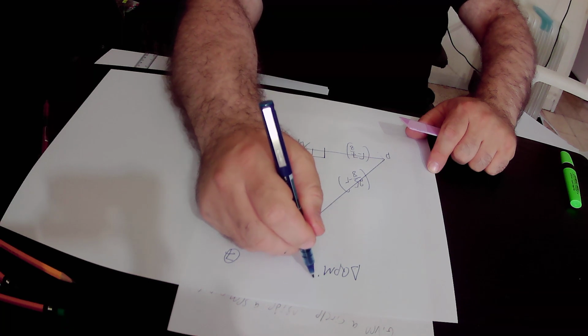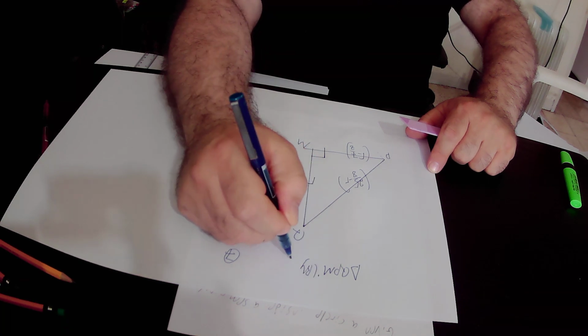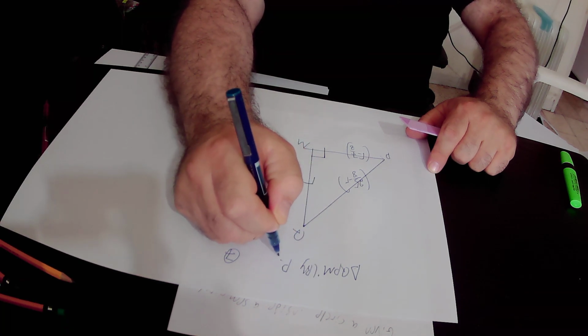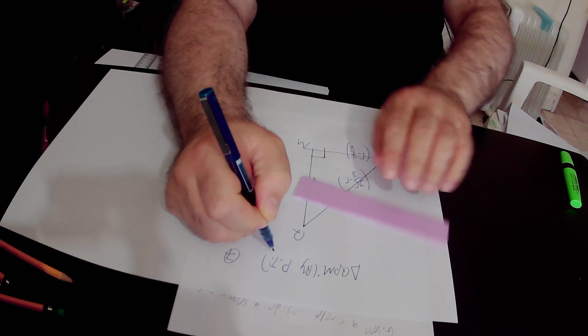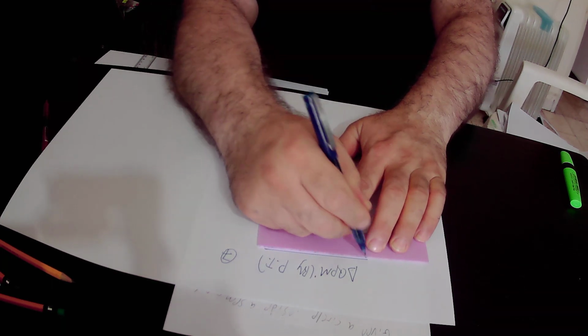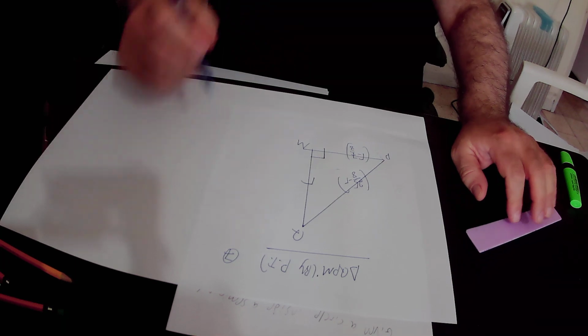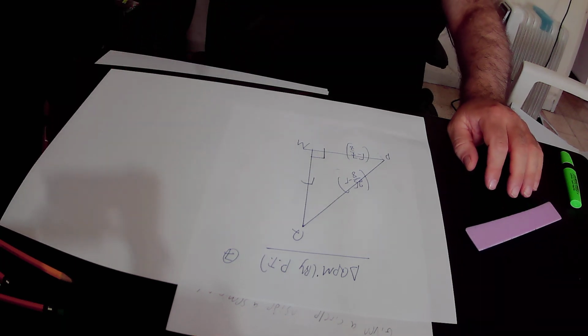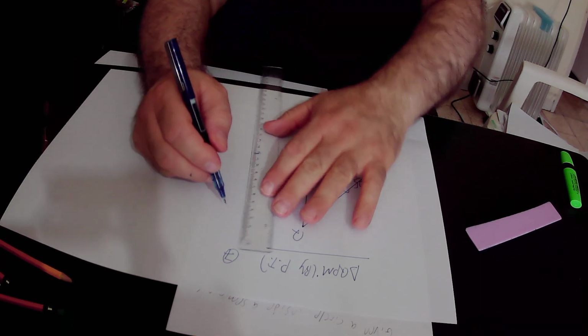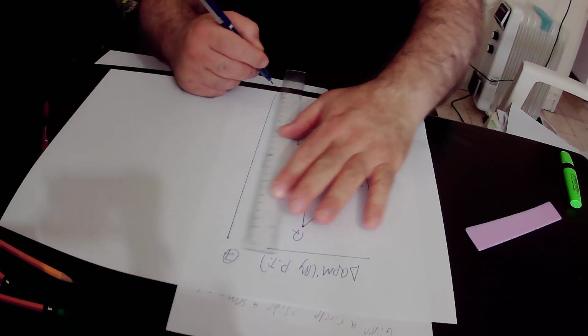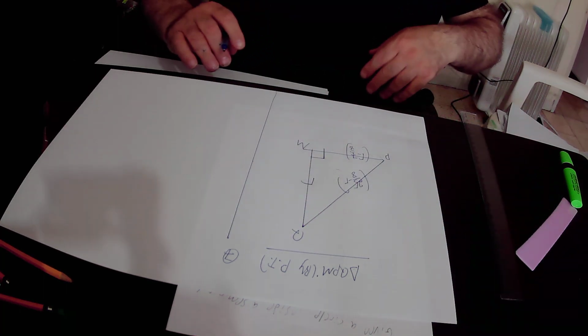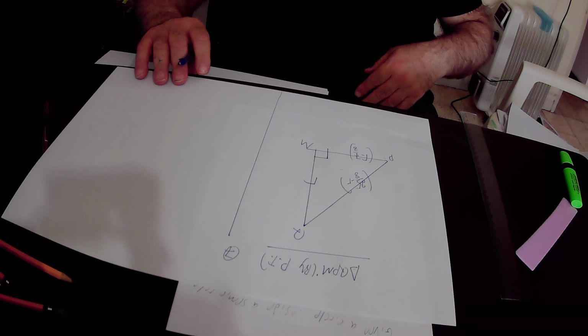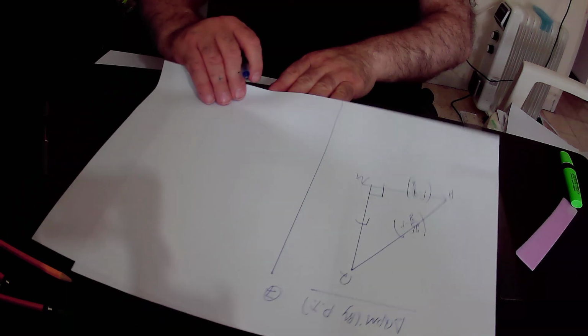Now we will implement the Pythagoras theorem. By PT is the abbreviation for Pythagoras theorem. We get that according to the Pythagoras theorem of this right triangle QPM, the square of the hypotenuse is equal to the sum of the squares of the perpendiculars.